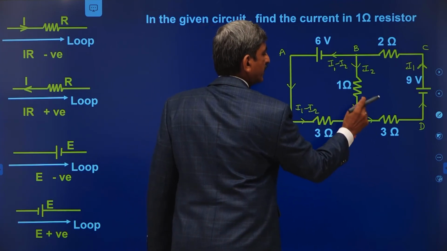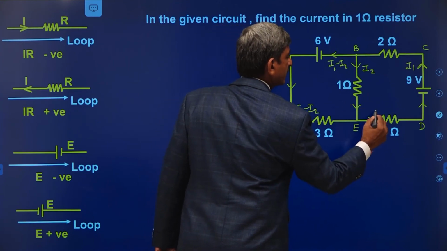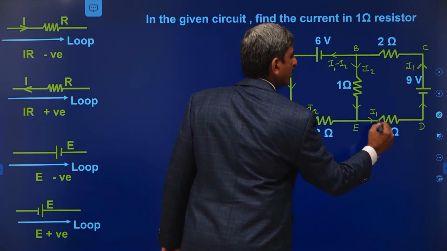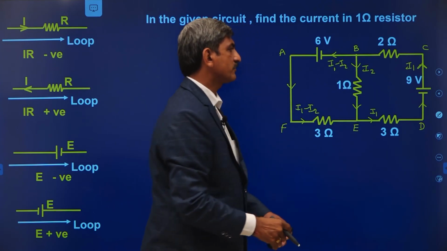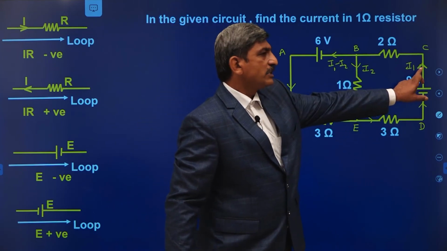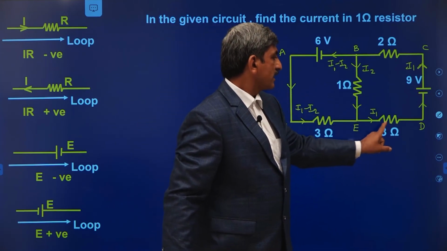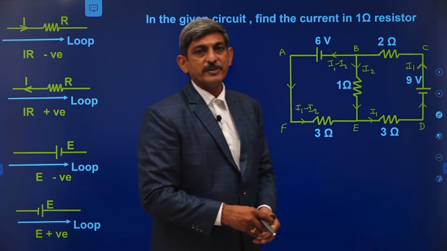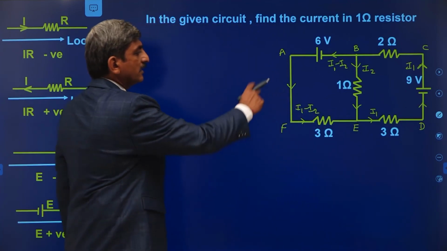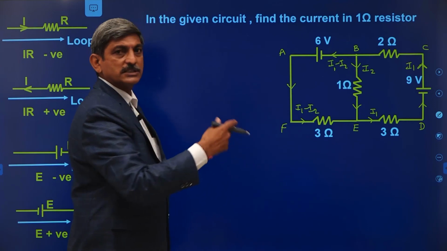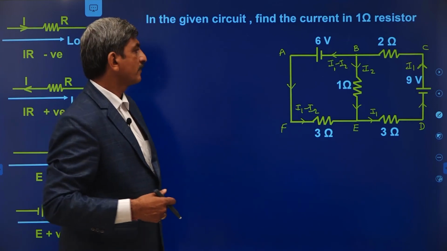Whereas at this point, this current and this current are combining, and again we get the same current in this branch. That's why what amount the current starts from the battery, the same current must be reaching the negative terminal of the battery. Okay? Now different currents are assumed in the different possible directions.